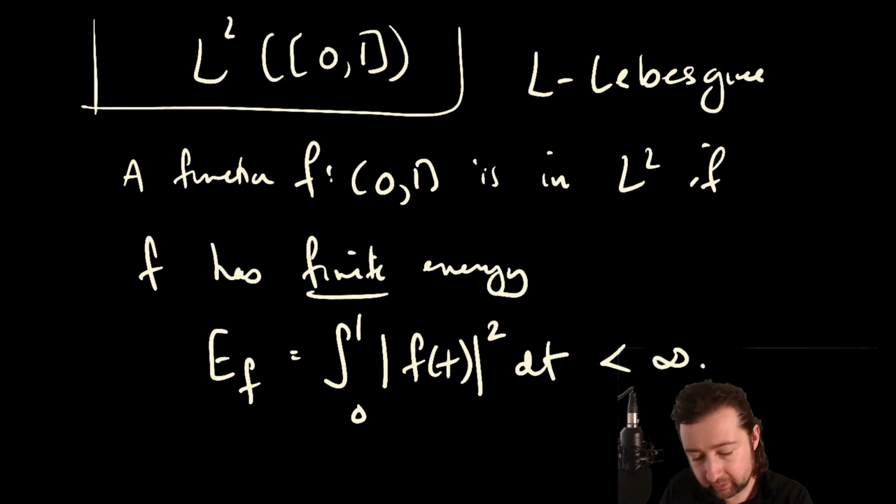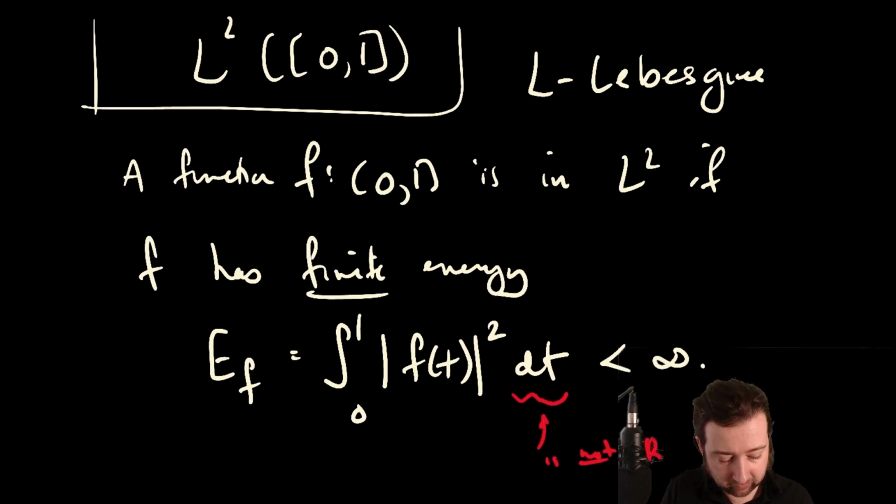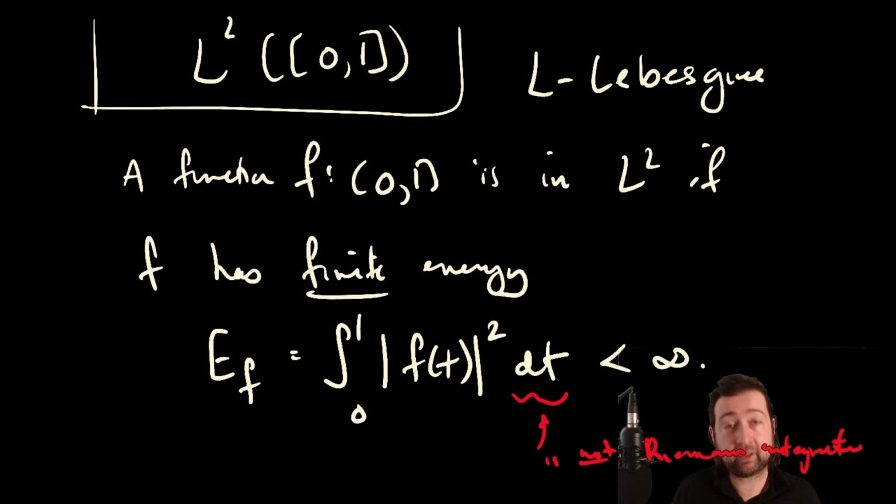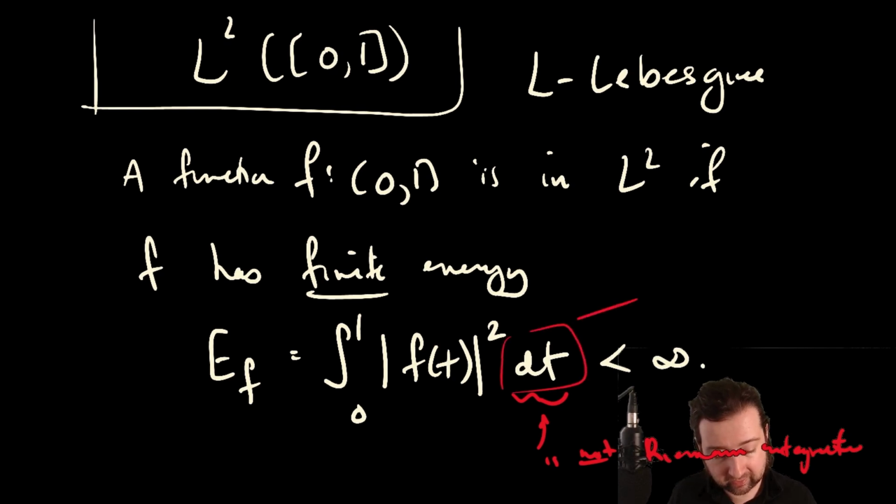And we've got to be a little bit careful here because this dt is not regular old Riemann integration. That's not really going to matter much to us, but we want to be able to handle things like impulse functions and functions that have an infinite number of discontinuities. And so in order to do that, the dt here is secretly Lebesgue integration.